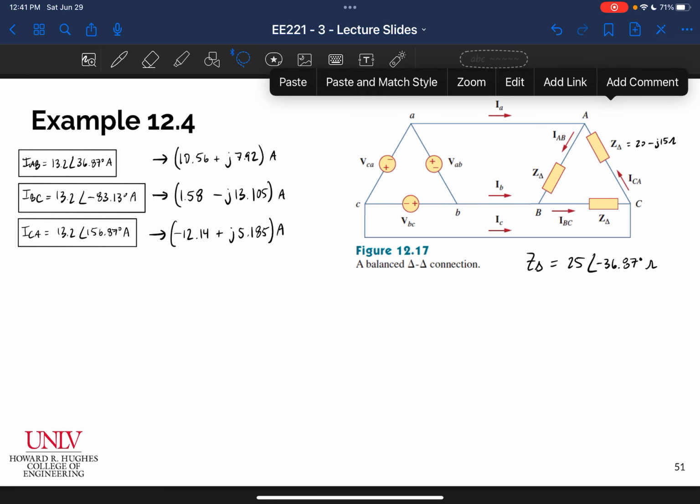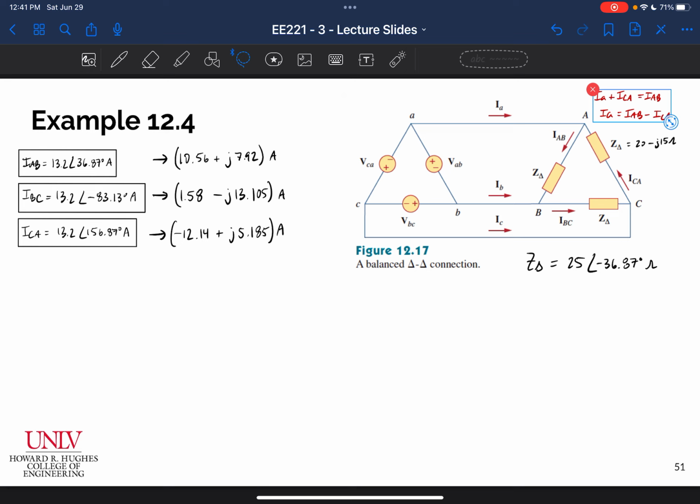I kind of already took the liberty. I didn't want to waste too much time on this math here. I took the phasors and put them into rectangular form for us already, and I have confirmed that those are the correct phasor values, so we shouldn't have to do that.